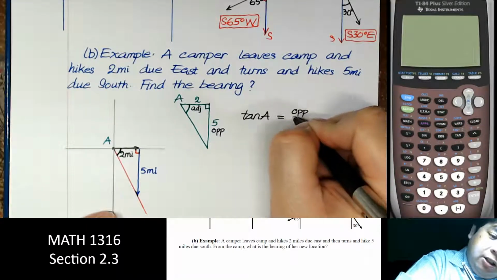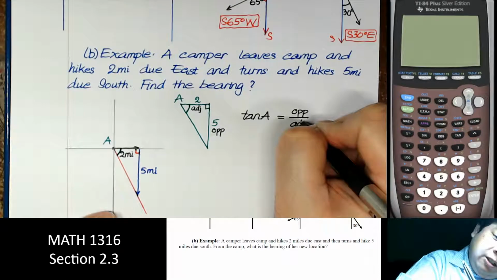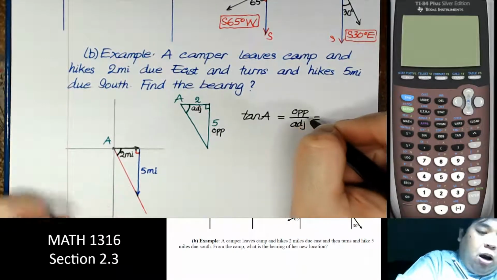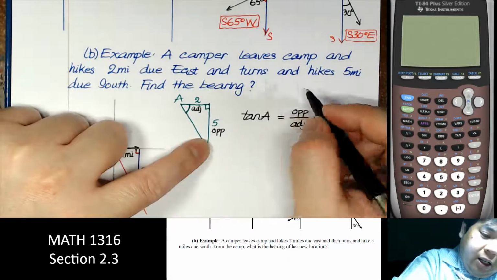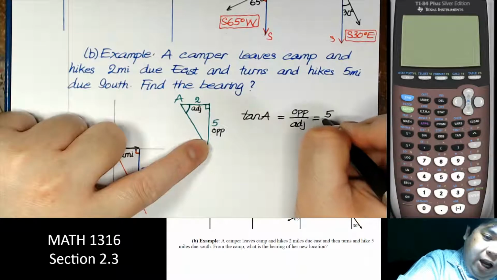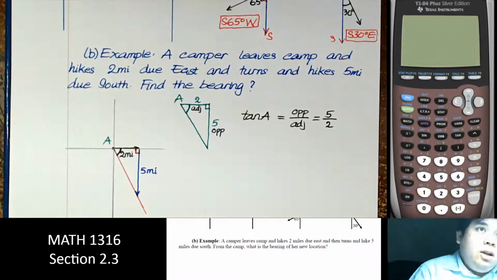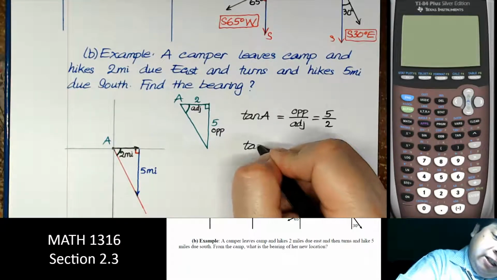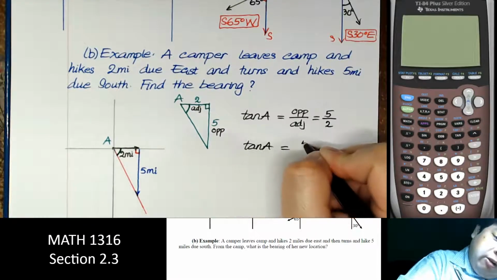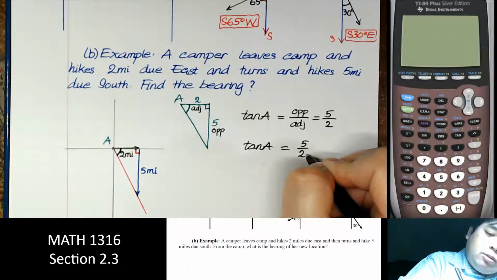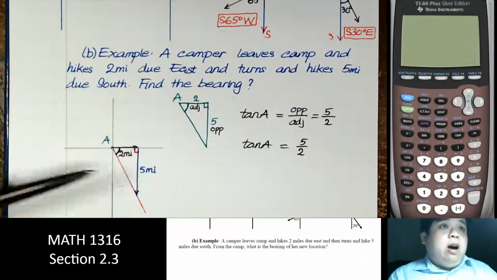Opposite over adjacent. Opposite is 5, adjacent 2. So we have tangent of A equals 5 over 2. Which is good. Now we just need to find the angle A.